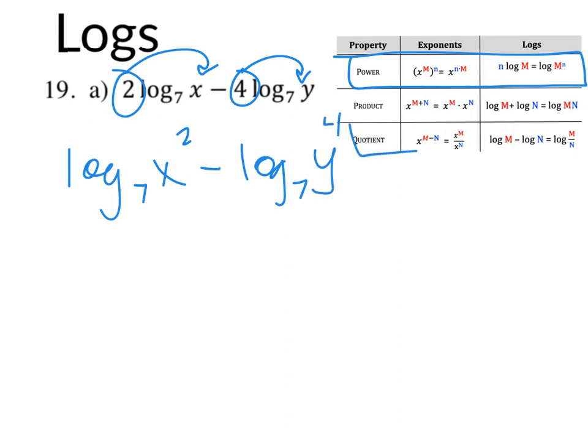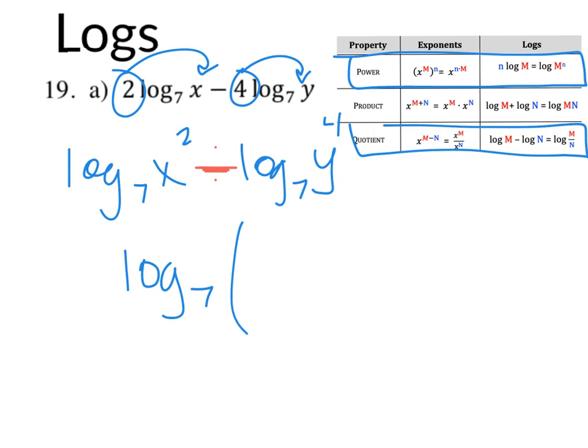And then we can use the quotient property because these two things are subtracted. So remember subtraction, right? It divides our logs. So let's rewrite this as log base 7 again, and all this in parentheses, x squared over y to the 4th. And that's how you would condense that.